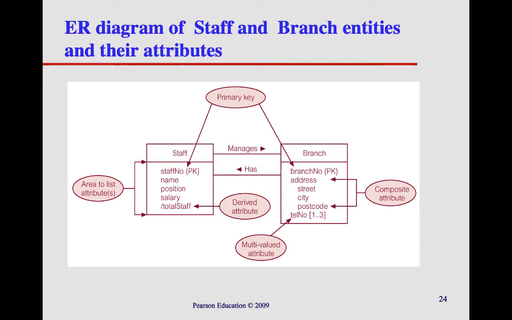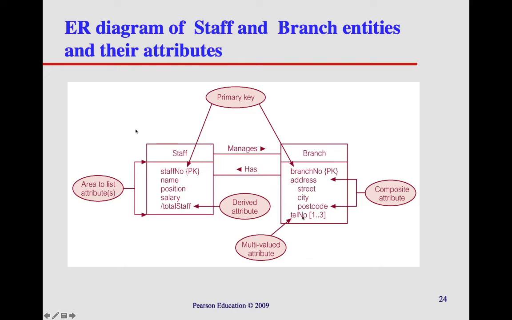The ER diagram is higher level. It has information that may be omitted from the relation. So address will not show up in the branch relation. Instead, the three attributes that comprise it, street, city, and postcode, will show up.